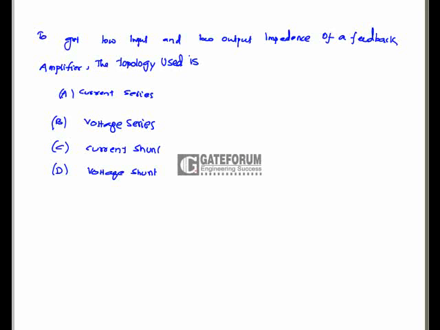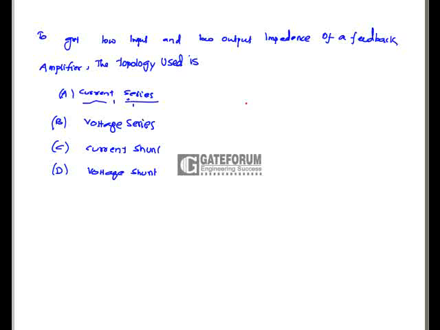For high input and low output impedances of a feedback amplifier, which topology is used? Here is a series kind of connection. The first parameter always refers to the output side, and the second to the input side. So in order to get low input as well as low output impedance, the output must be connected in shunt and the input must be connected in shunt.